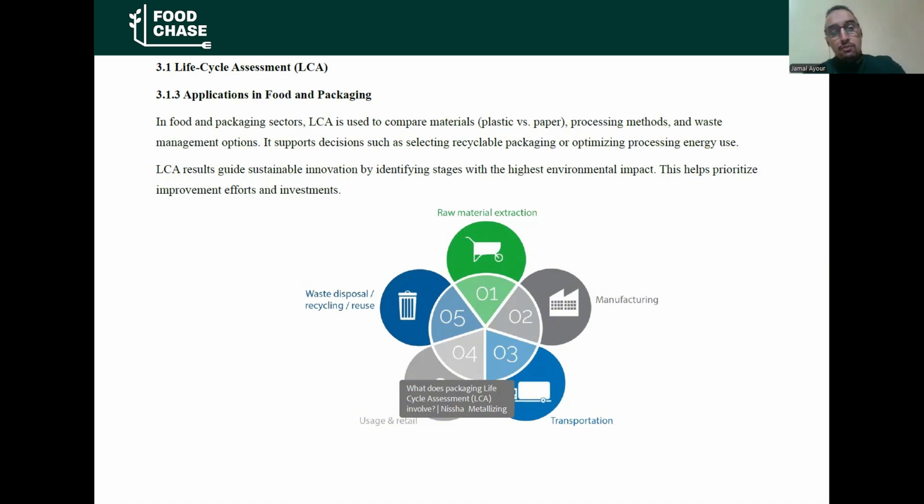LCA results guide sustainable innovation by identifying the stages with the highest environmental impact. So this helps prioritize improvement efforts and investment in different sectors.